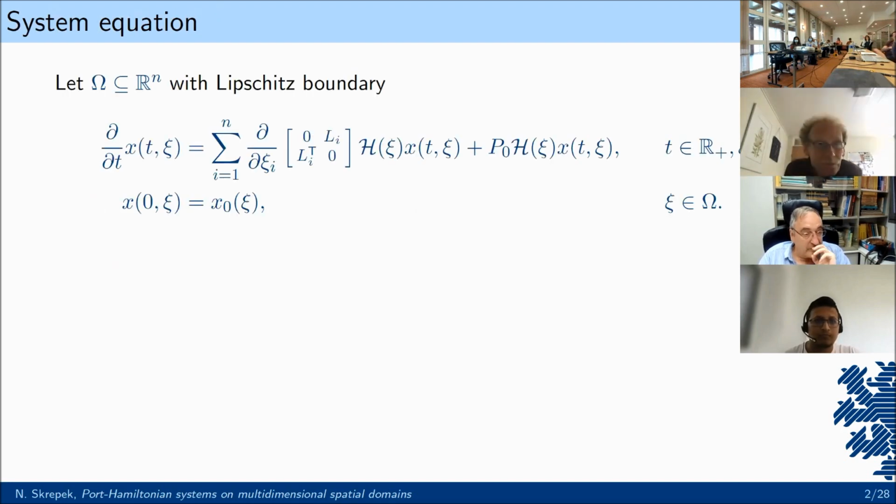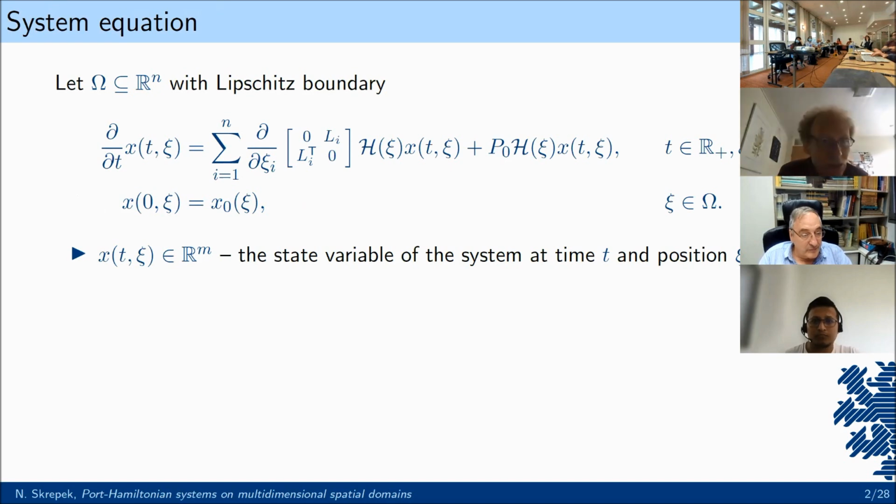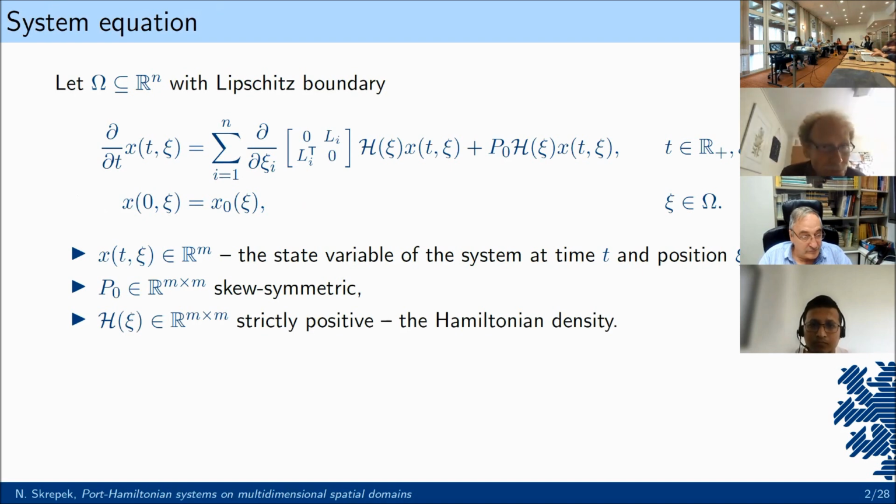Okay, so the system or the inner dynamic of the system is given by the following PDE, and x is the state variable, P0 is just a skew-symmetric matrix, and H is a strictly positive, or for each entry it's strictly positive, and invertible, Hamiltonian density. Okay, there are no inputs and outputs so far.